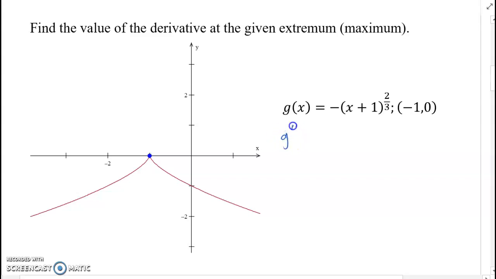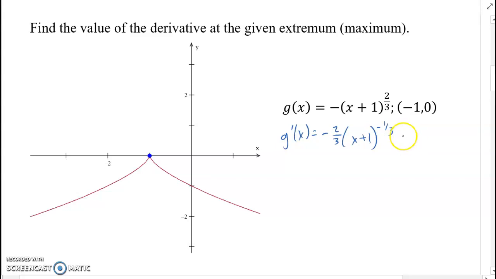We'll take a look at g prime of x to find the derivative at that point, and we'll take the derivative of this using the power rule, so that negative 1 gets multiplied by the negative 2/3. The argument x plus 1 never changes. And the power rule dictates that we change that by dropping it by 1. So 2/3 minus 1 is negative 1/3.